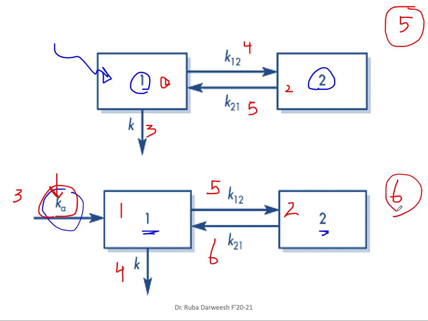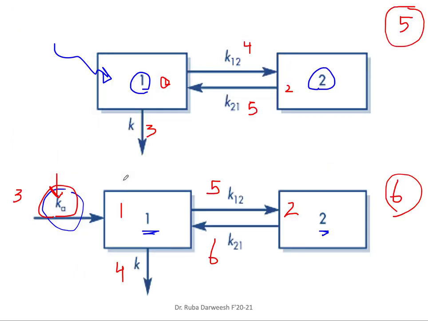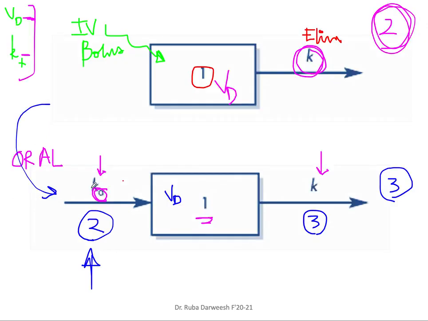In this slide, the complexity of the model happened because we have extra compartments. So in here, if we compare this to this model, the complexity of the model happened because we increased the kinetic processes.